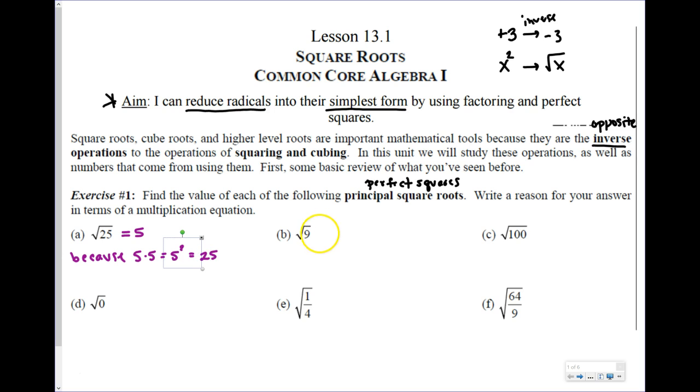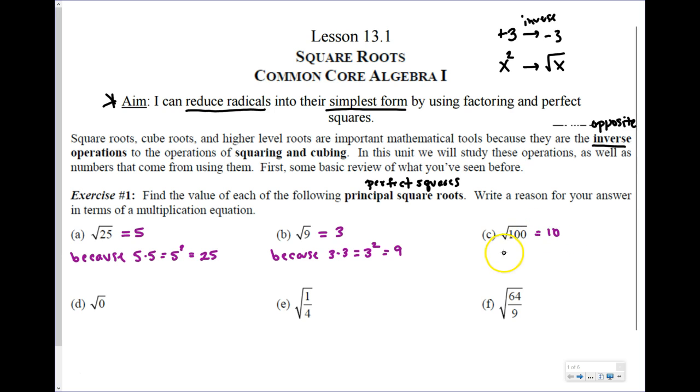Letter B, the square root of 9 is 3, because 3 times 3 equals 3 squared, which gives me 9, right? And the inverse of the squared is the square root. Same thing for the square root of 100.